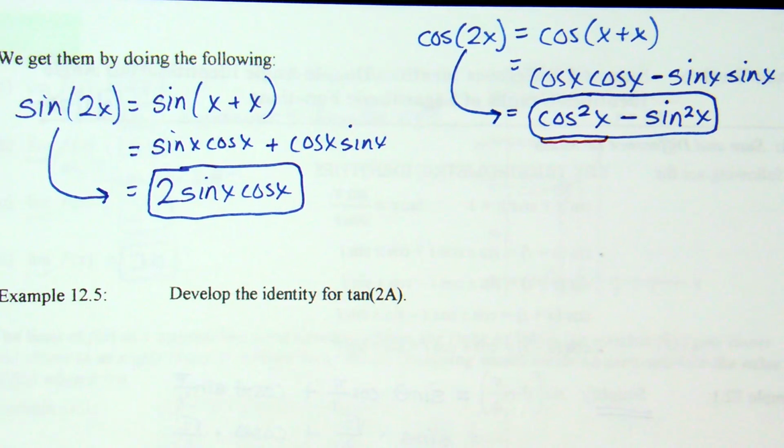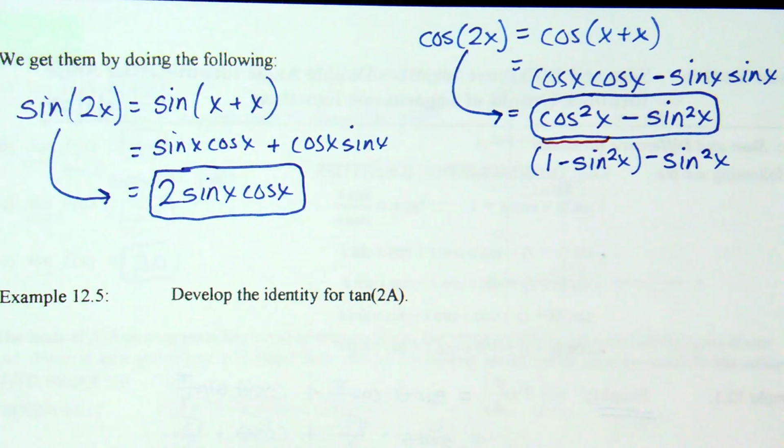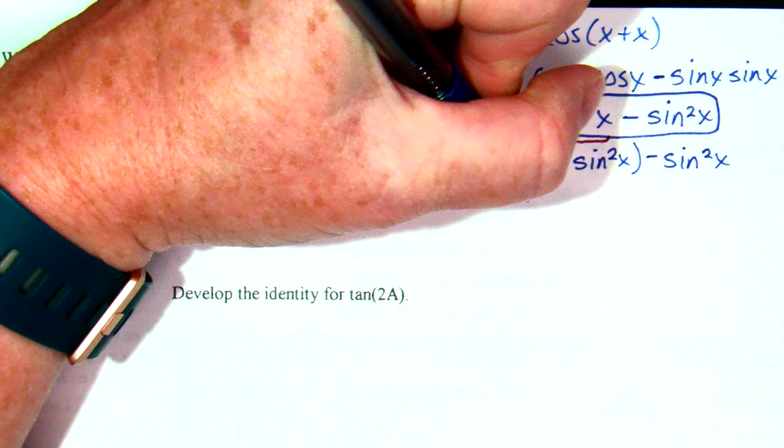And then we already have another minus sine squared x here. So if I take that cosine squared x, use my equivalent statement from my Pythagorean identity, I now have 1 minus sine squared x minus sine squared x. Well, clean that up. We have 1, minus sine squared x minus sine squared x.